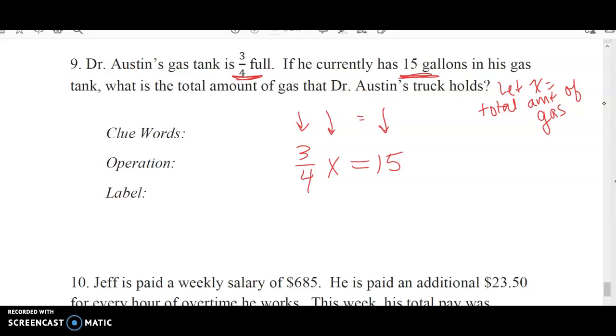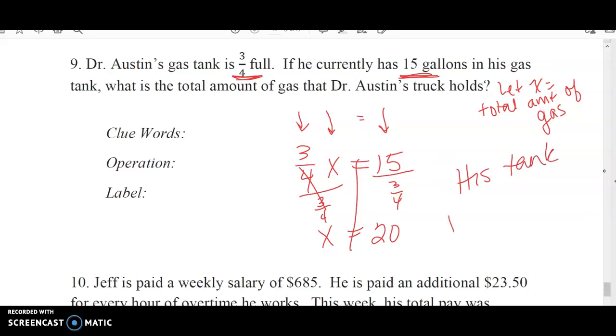So in this problem, it's going to be 3/4 times X. 3/4 of that total amount is the same as 15. So here we're going to solve. Since it's times, we divide by 3/4. It always looks so silly when we divide by a fraction. So X is going to equal 20. So his tank holds 20 gallons.